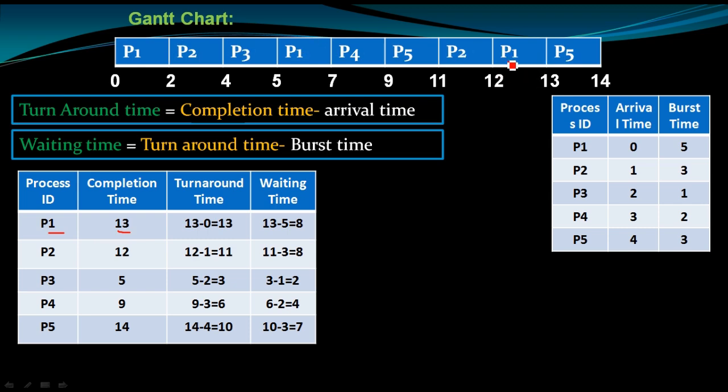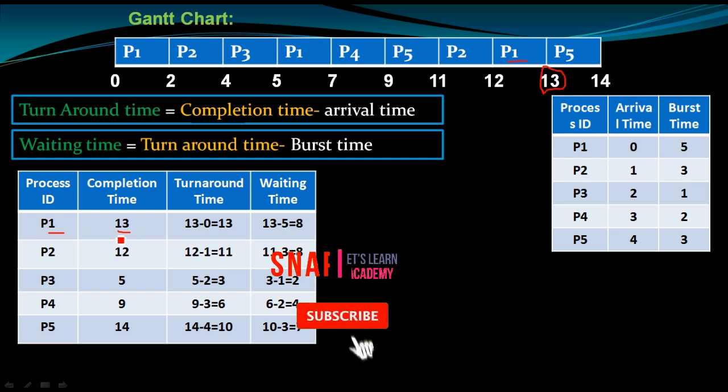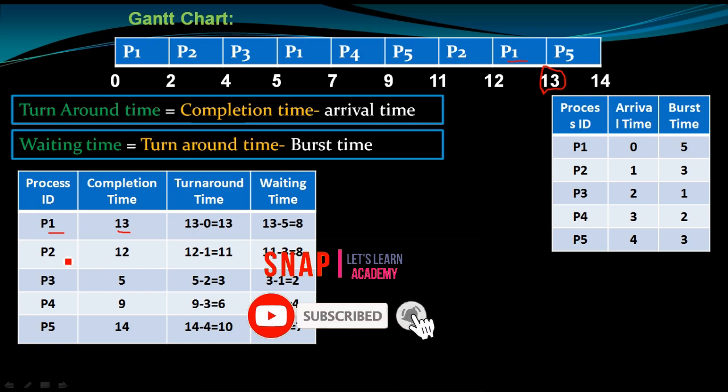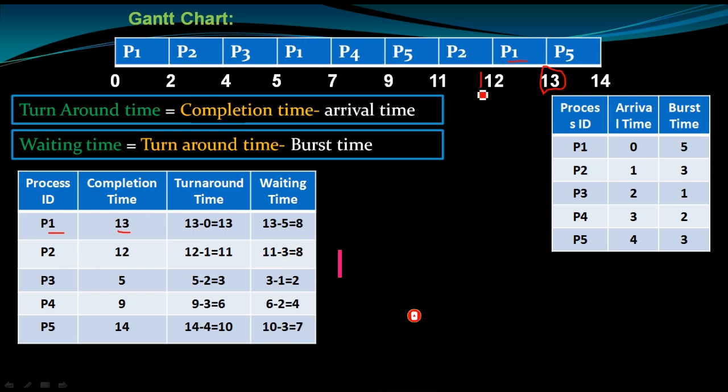So here at this point, right? So this is the completion time of P1. Similarly, P2. When did P2 complete? At the 12th nanosecond. So the 12th nanosecond is the completion time of P2.